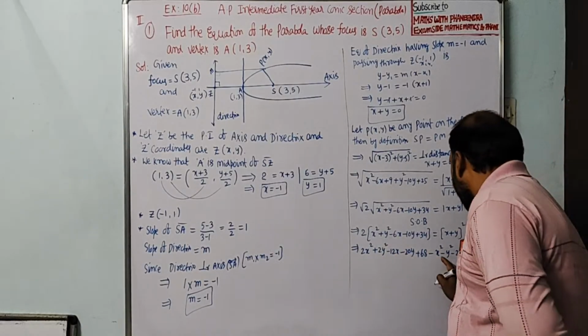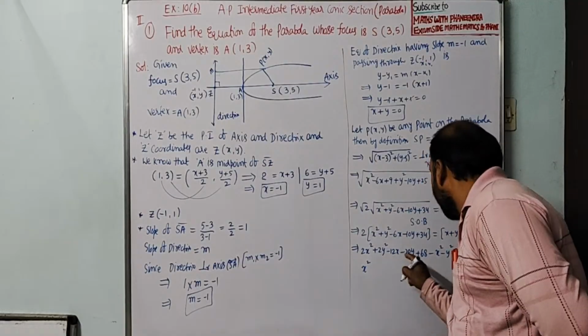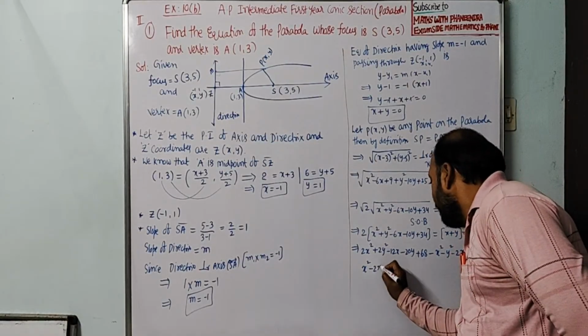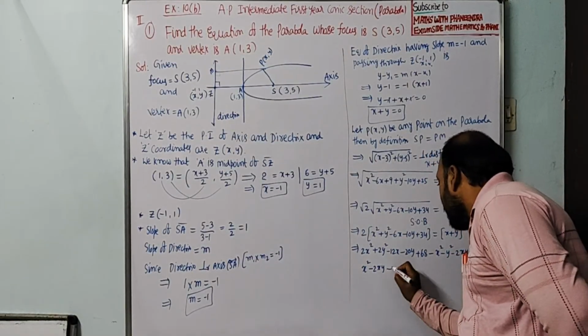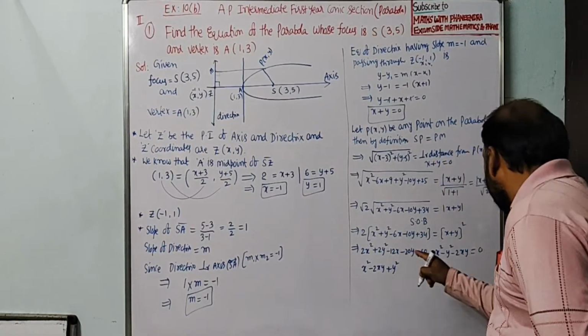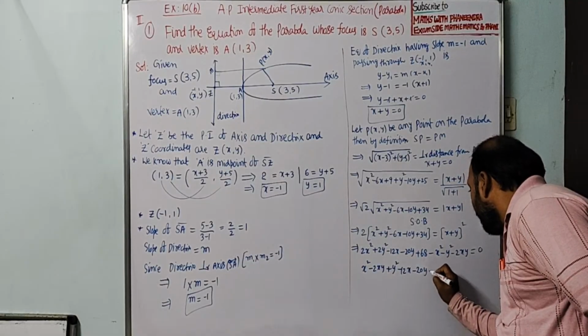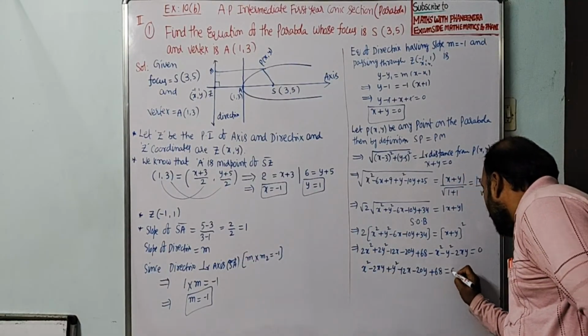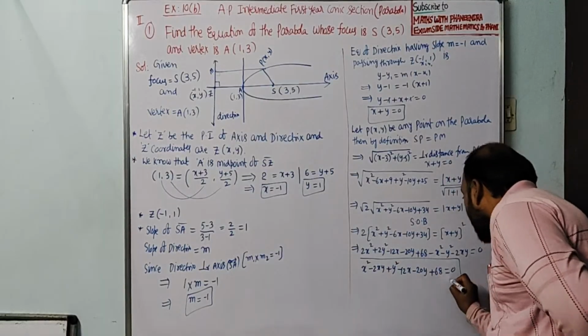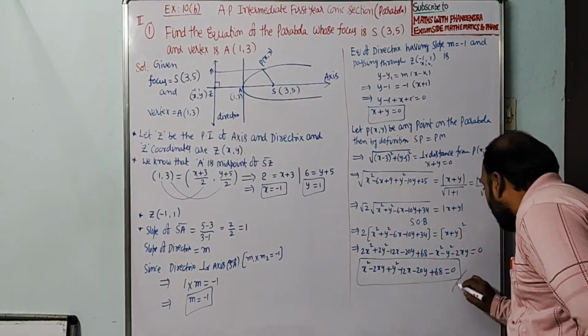So 2x^2 - x^2 is x^2, next -2xy, 2y^2 - y^2 is y^2, then -12x - 20y + 68 = 0, which is the required equation of the parabola.